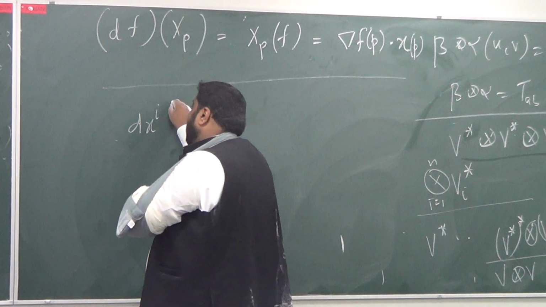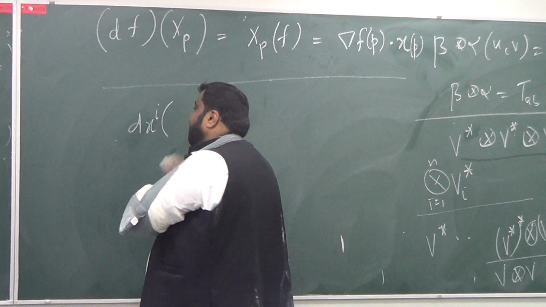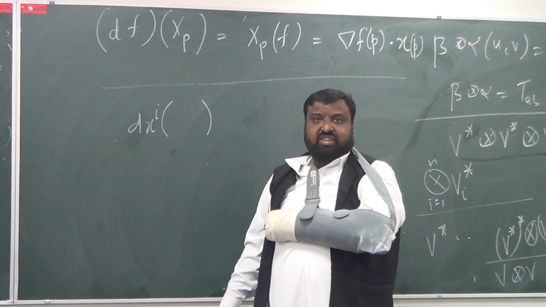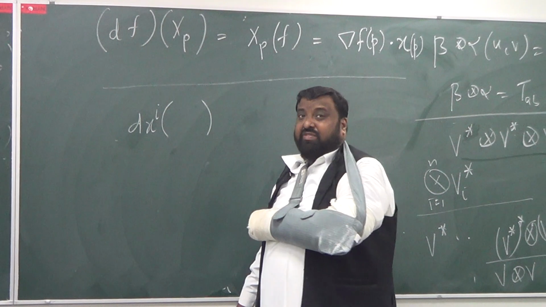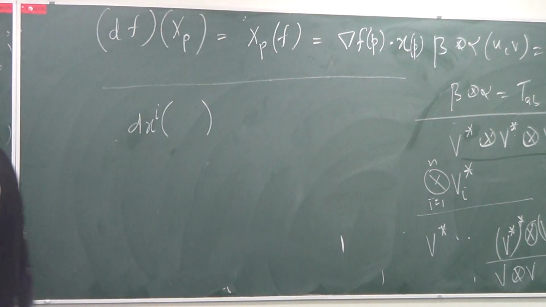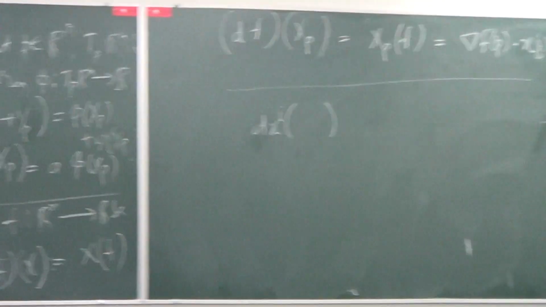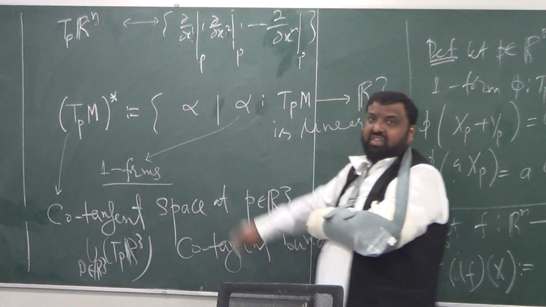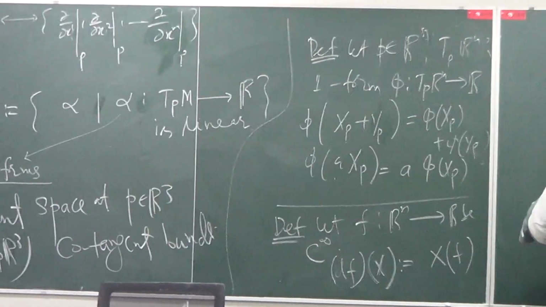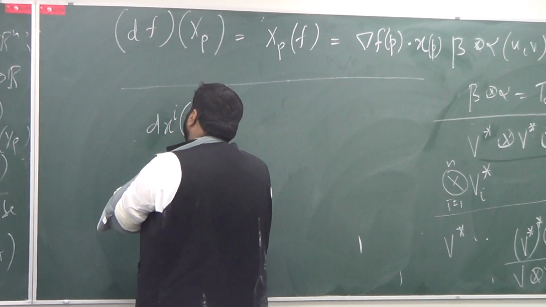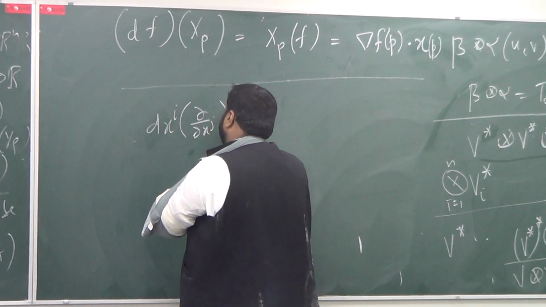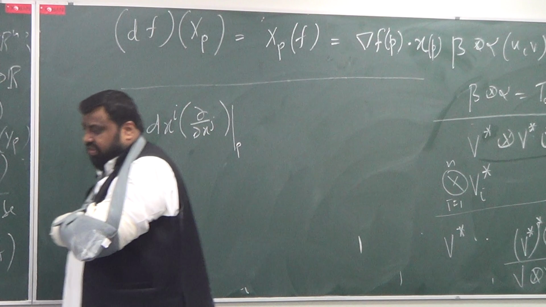What if I give it not a general tangent vector, but a particular one, the basis of the tangent space? In other words, what if I give it partial by partial xj, evaluated at point P? What do you think you are going to get?